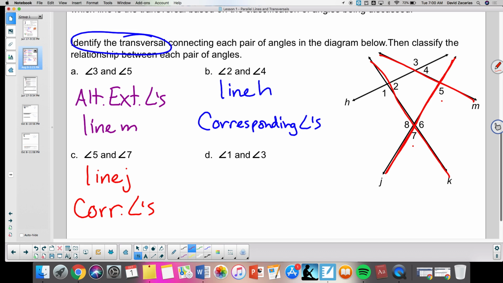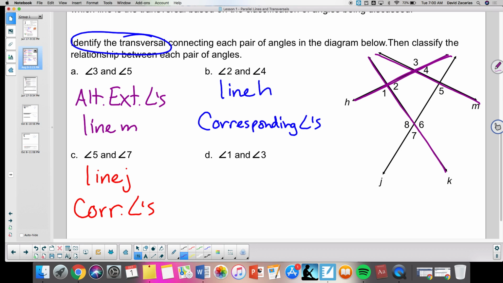And lastly, angles 1 and 3. Let's take a look at 1 and 3. So angle 1 is created by line H and by line K. Angle 3 is created by line H and line M. So notice on all of these, the one that we keep saying is creating both, that's on both.